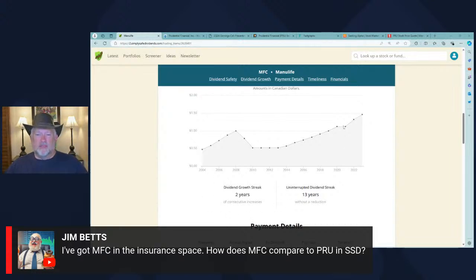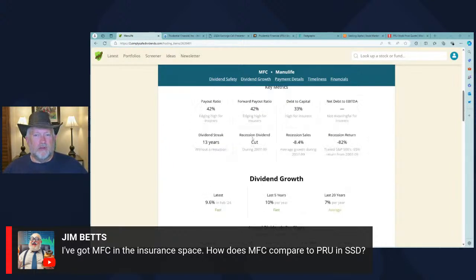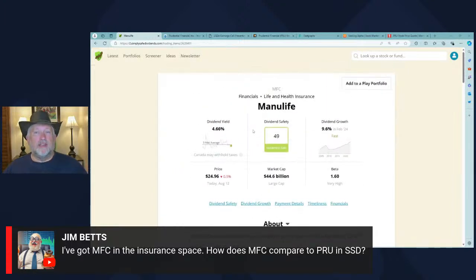So maybe it didn't decrease. Maybe it just stayed the same. So yeah, I don't know. It looks like, at least from a dividend safety perspective, Prudential wins over Manulife. So hopefully that's worthwhile.